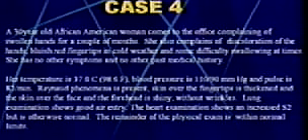Okay, let's go on. A 30-year-old African-American woman comes to the office complaining of swollen hands for a couple of months. She also complains of discoloration of the hands, bluish-red fingertips in cold weather, and some difficulty swallowing at times. She has no other symptoms and no other past medical history.